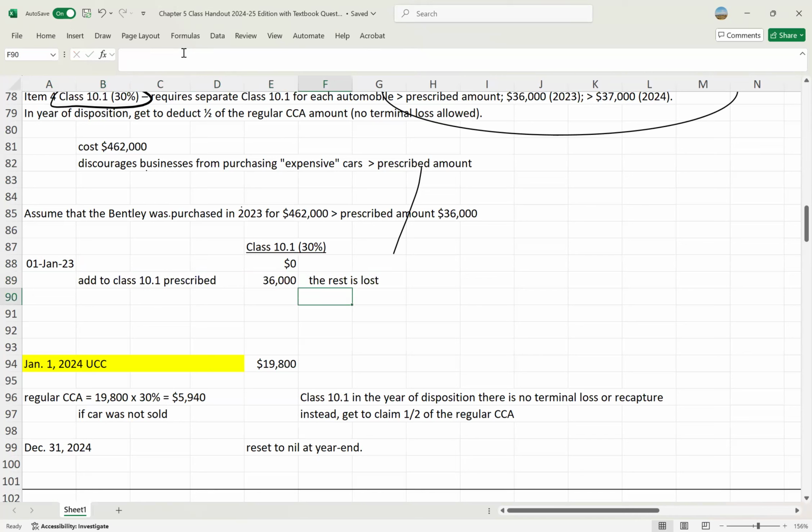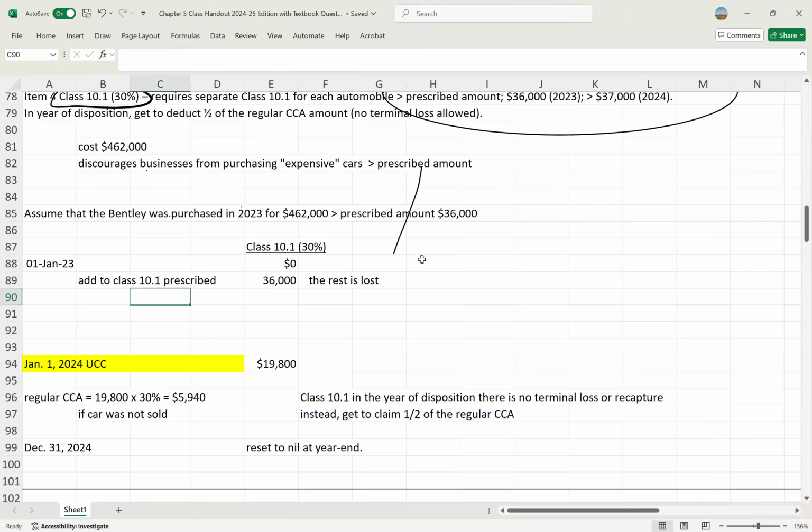And so this is the government's way of trying to encourage businesses to buy less expensive cars to use in their business. Even though they bought it for 462,000, only 36,000 is added to the CCA class. The rest is basically lost. They will never get any deductions for the amount over 36,000.